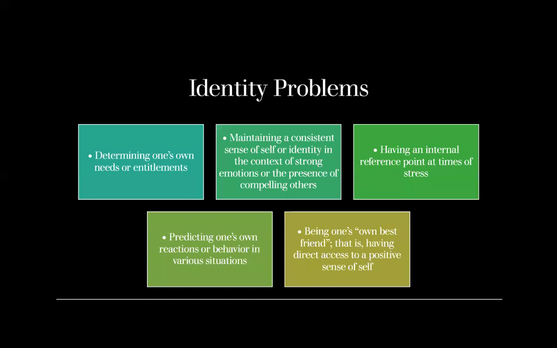So some of the identity problems that a person can experience are difficulty determining their own needs and entitlements. So again, if I was conditioned from a very young age, from my infancy, just a package of a human, to attend to somebody else's needs over my own, I'm not even going to know what my own needs and entitlements are.